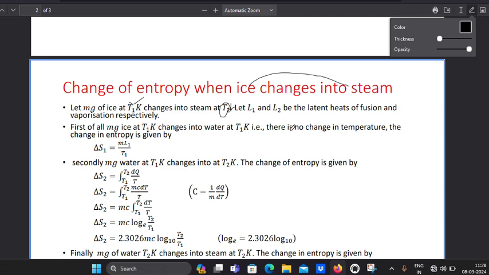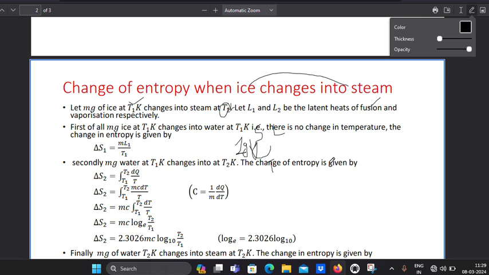What is the latent heat? Suppose 1 gram of a substance is in the solid state, and you want to change it into the liquid state. Here I have taken just 1 gram. When 1 gram of solid changes into liquid at a constant temperature, the heat required is called latent heat of fusion.